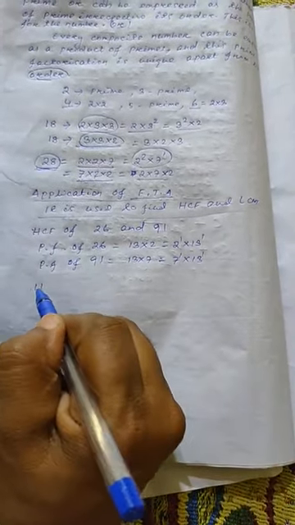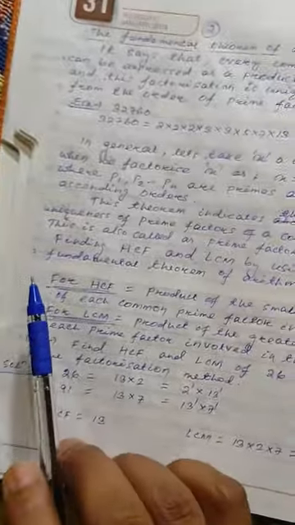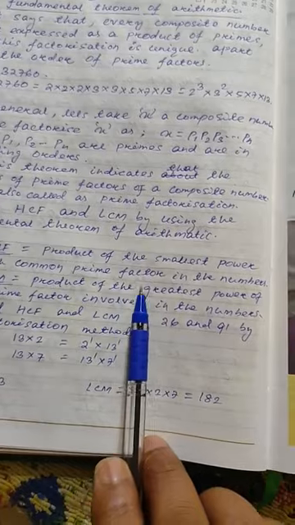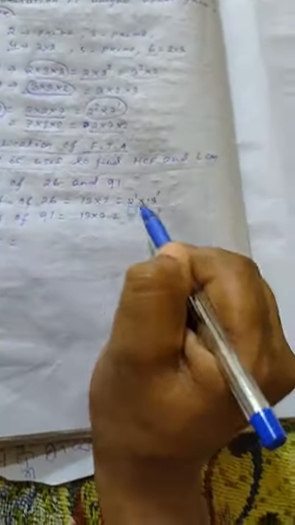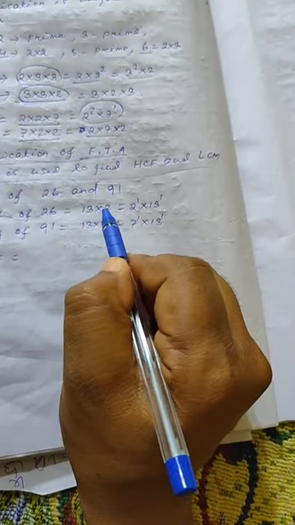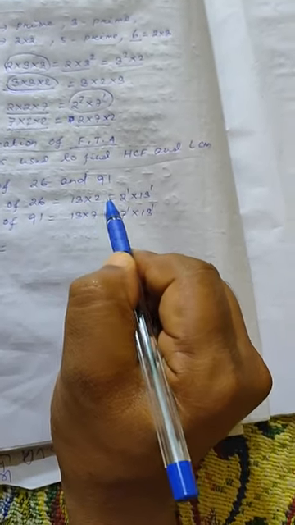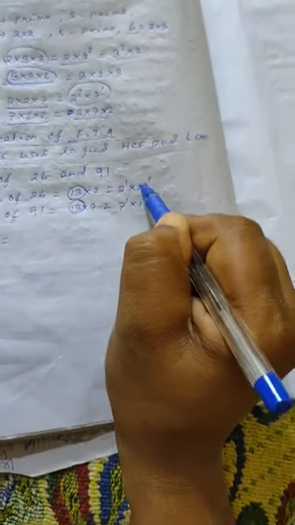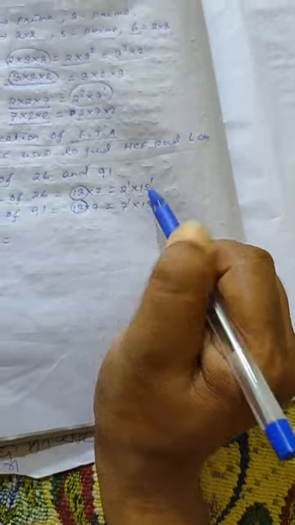And here, if we have to find the HCF, see how to find it. For HCF, take the product of the smallest power of each common prime factor in the numbers. Here the common factor is 13, and it has the same power in each case, so the same power is taken.